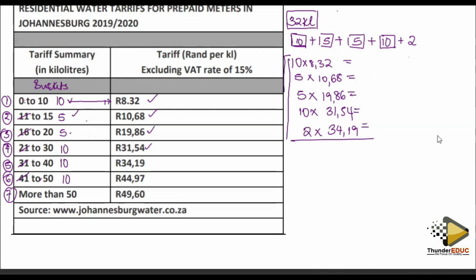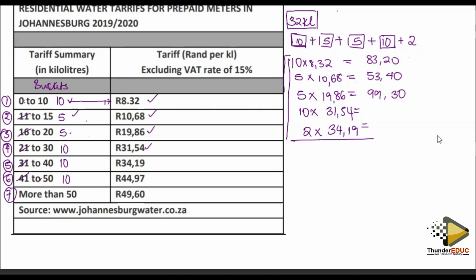So here you calculate your numbers. The first one, we end up having 10 times 8,32, which is 83 rands, 20 cents. We go to the next one, which is 5 times 10,68, which is 53 rands, 40 cents. We multiply the 5 times the 19,86, 99 rands, 30 cents.